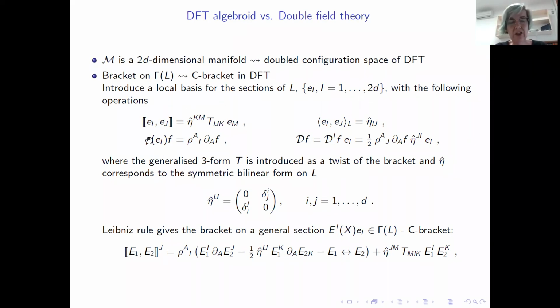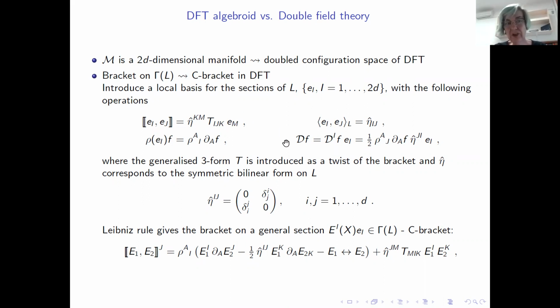I have the action of the vector on the functions, basically because ρ is the map from the sections to the tangent bundle, to the vectors in the TM. So they act on the functions. I have a symmetric pairing on the bundle, and then I have a map from functions to the bundle.